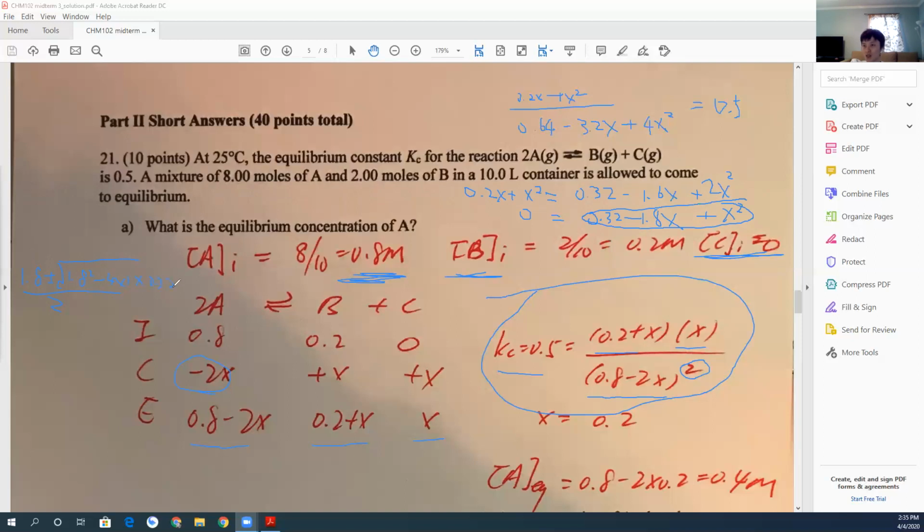Just solve for this, you get 0.2 and 0.9. So 0.9 is not realistic here, because you cannot have a negative concentration at the end. So only 0.2 is reasonable, so x is equal to 0.2. But the question asks you for the equilibrium concentration of A, which is 0.8 minus 2x, so it should be 0.4.